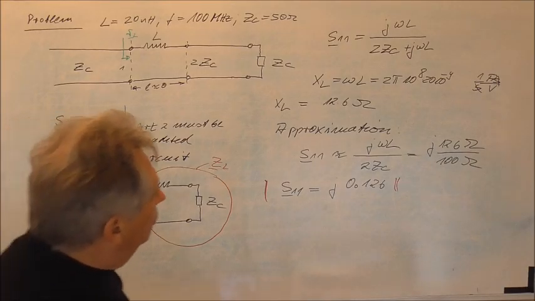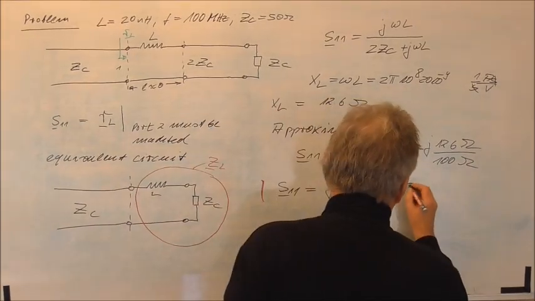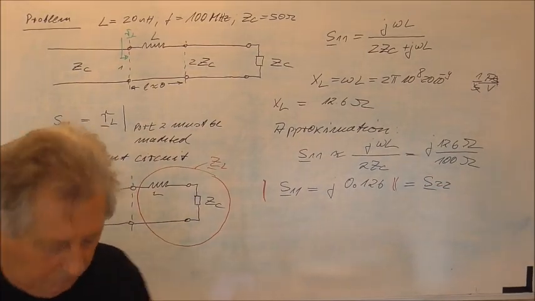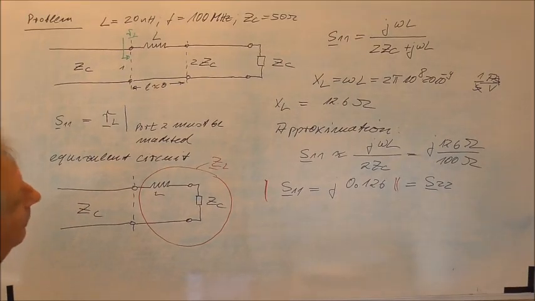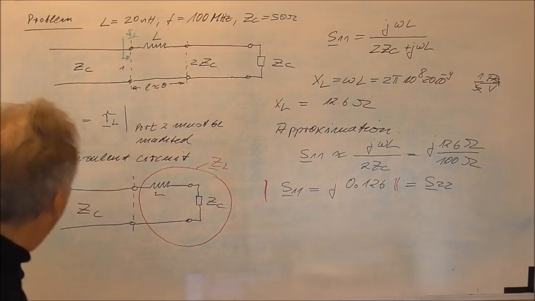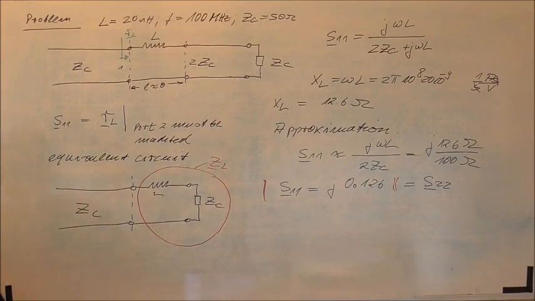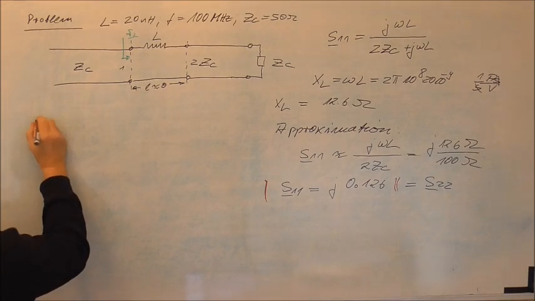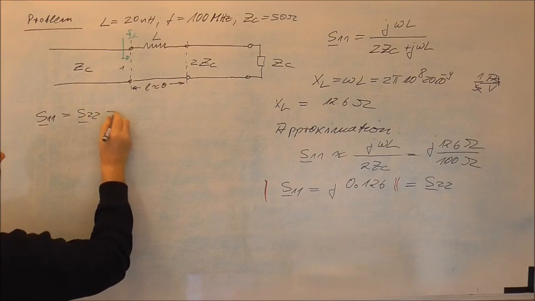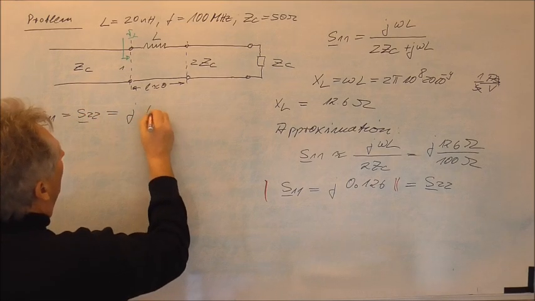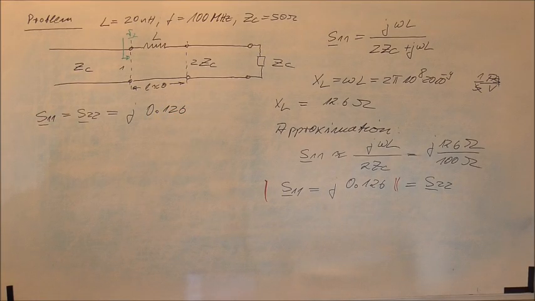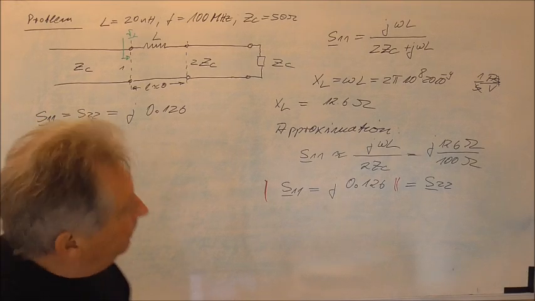So we can also conclude that this is equal to S22. So from this point we can say S11 is equal to S22 is equal to J 0.126. This will be the value of S11 and S22.